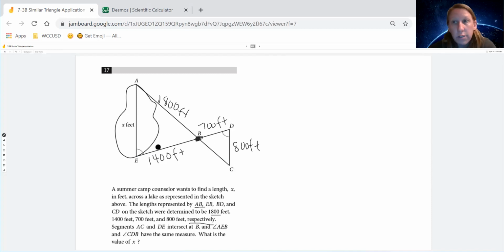They marked that for us already, which is nice. And what is the value of X? Interesting. Are the triangles similar? Yes. Why? They told us these angles are the same, and we have this beautiful pair of vertical angles right in the middle. Yay for vertical angles.